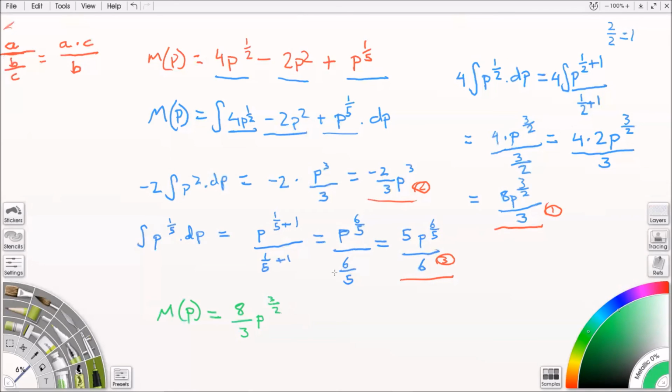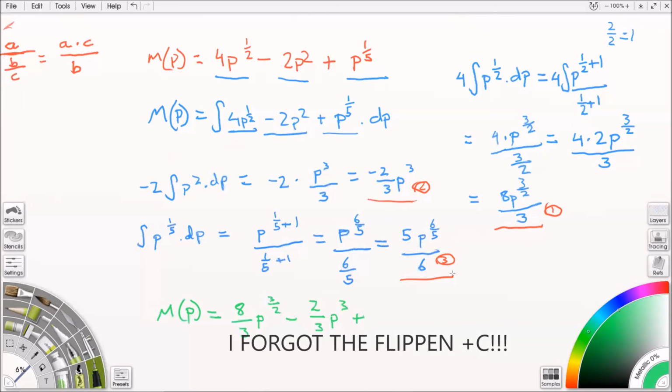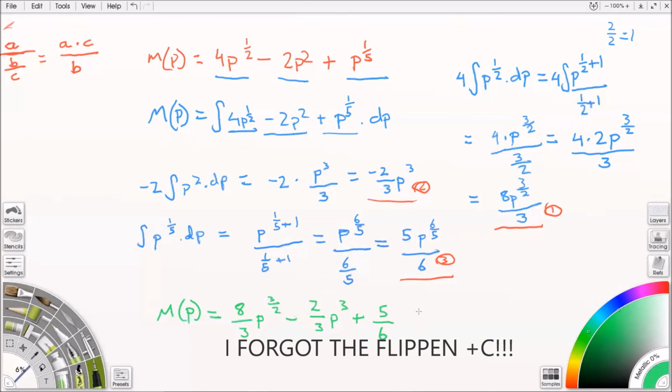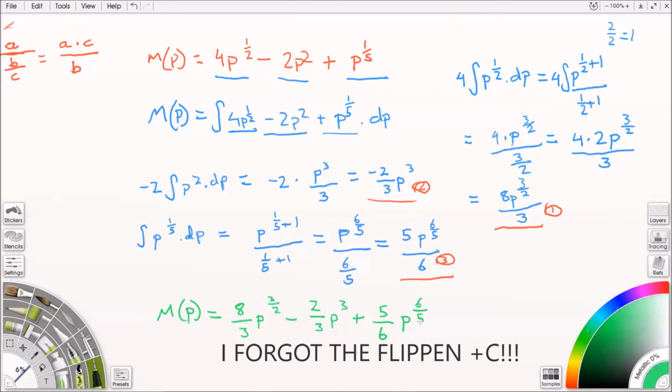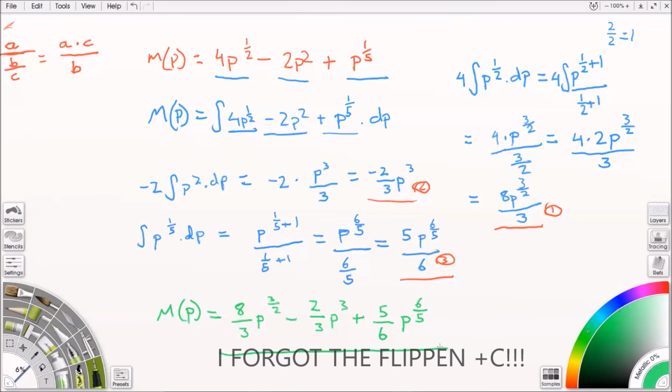Now we've got a minus 2 on 3 P cubed. And then plus, since there's no minus there, it's a plus, we've got 5 on 6 P to the 6 on 5. Here we have that.